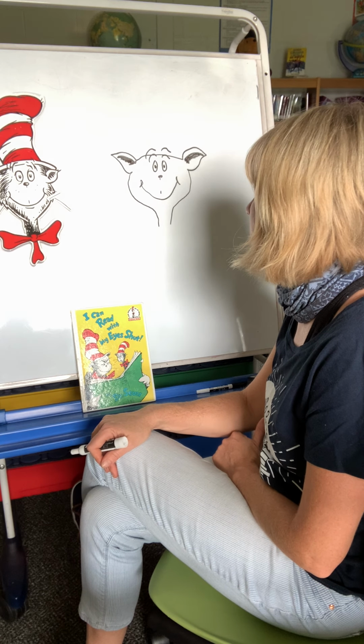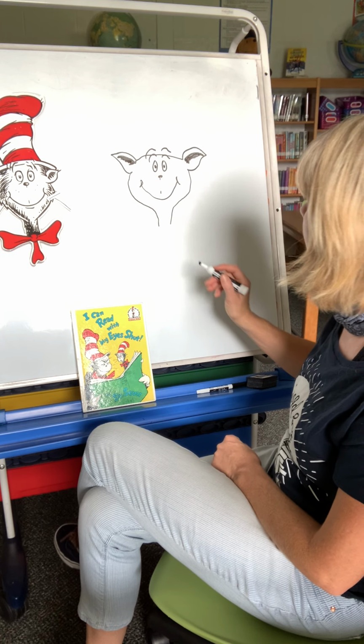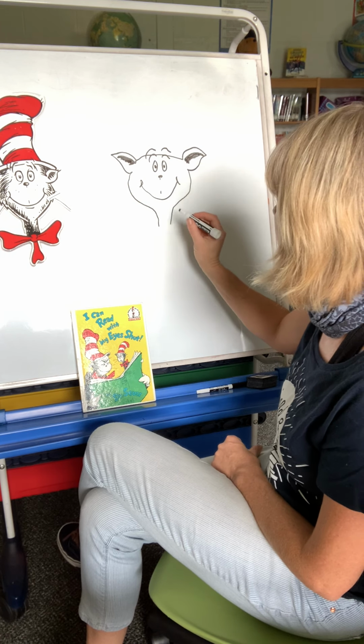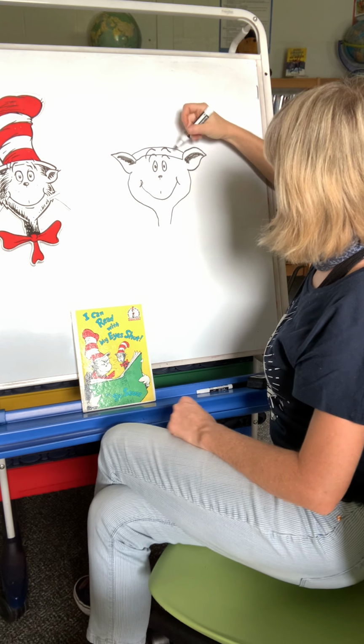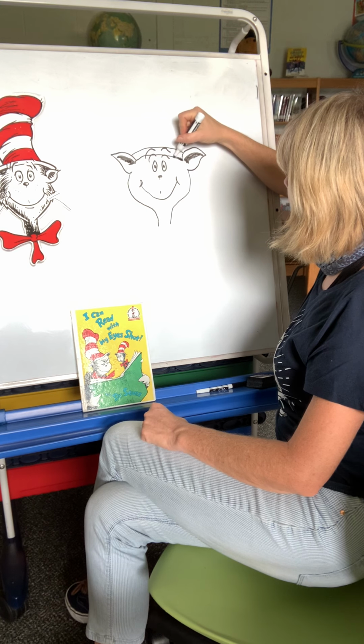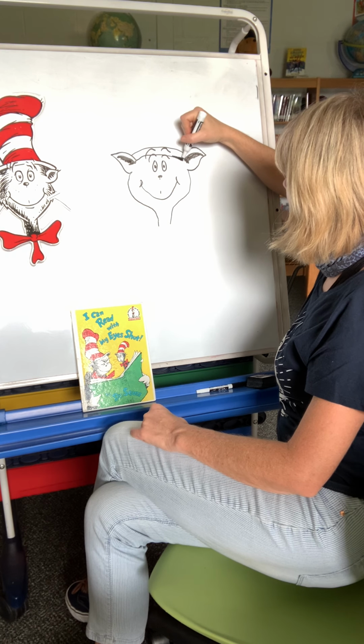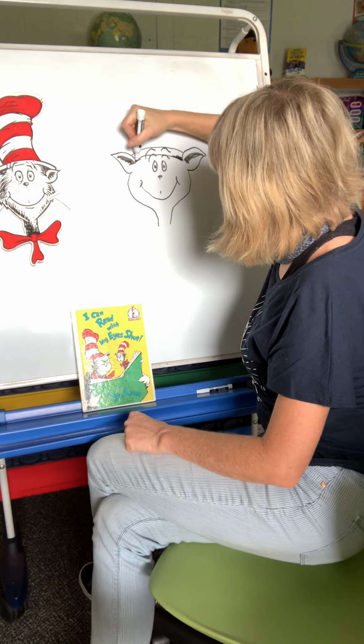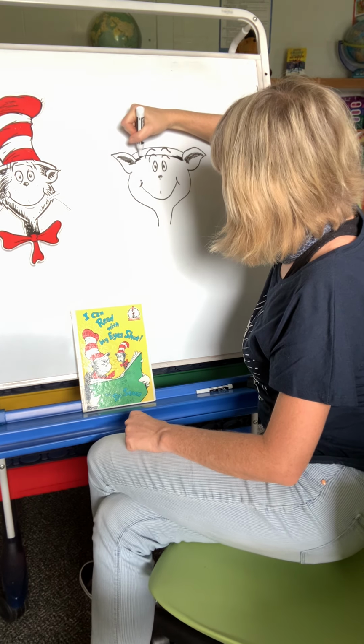Alright, so now we're going to go on with his hat. So we're going to make another line right through here, the brim of his hat. And we're going to put something dark right in here. Some of his hair is coming out right here, and right in here, giving some definition.